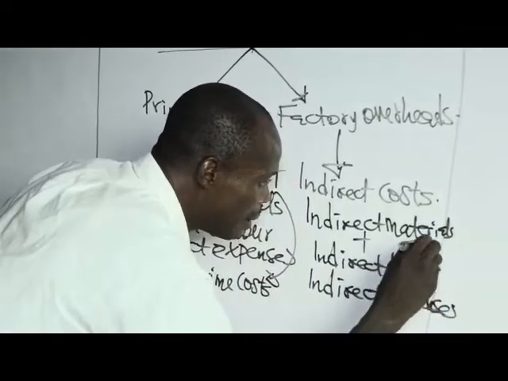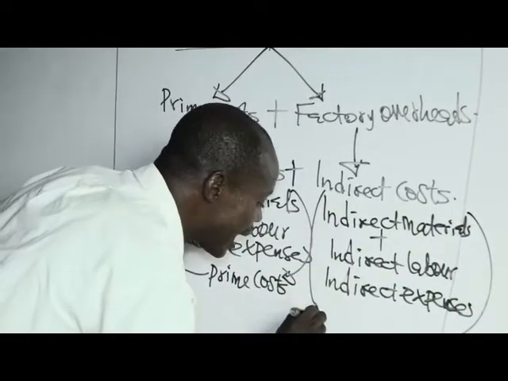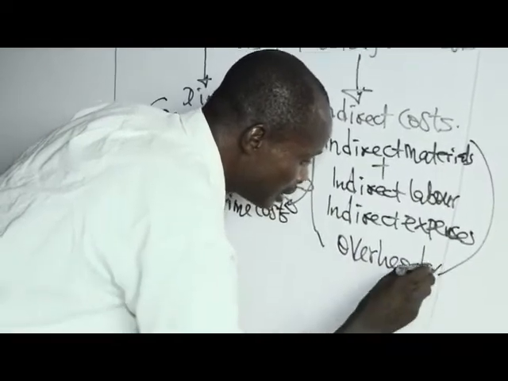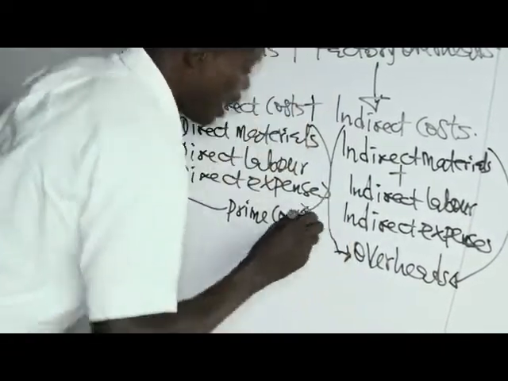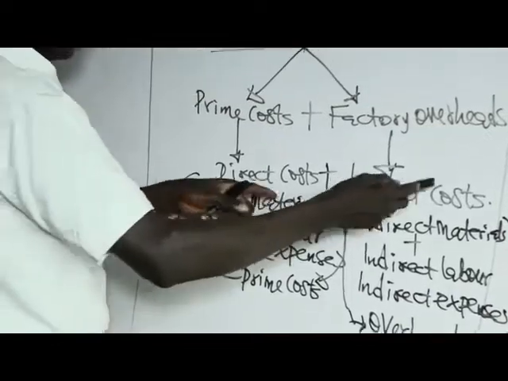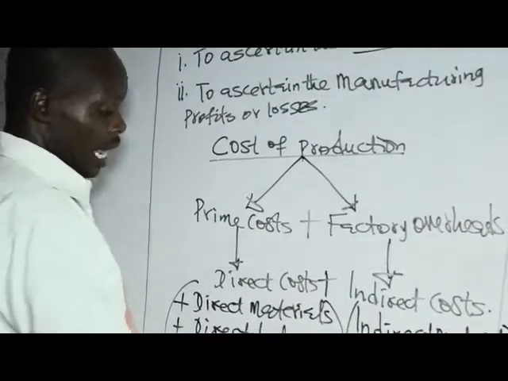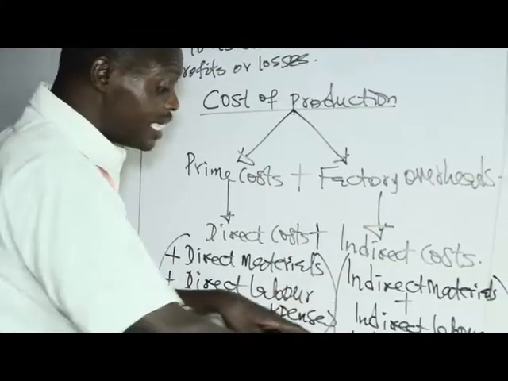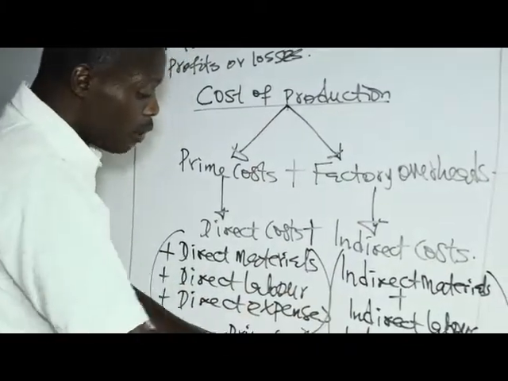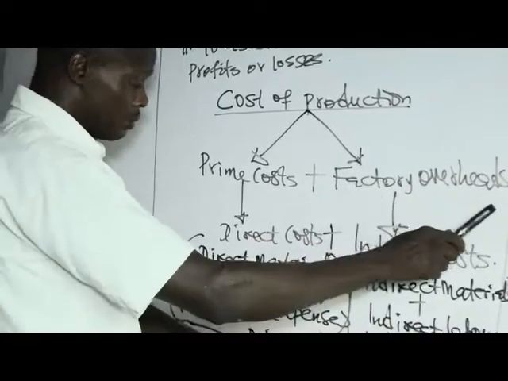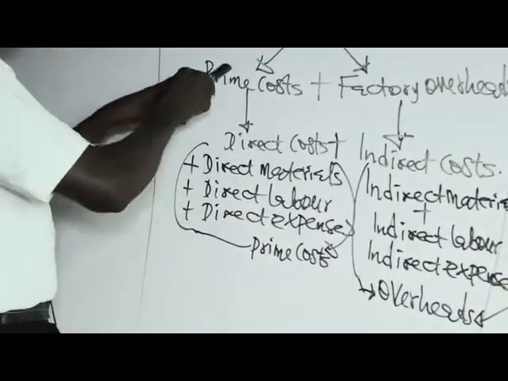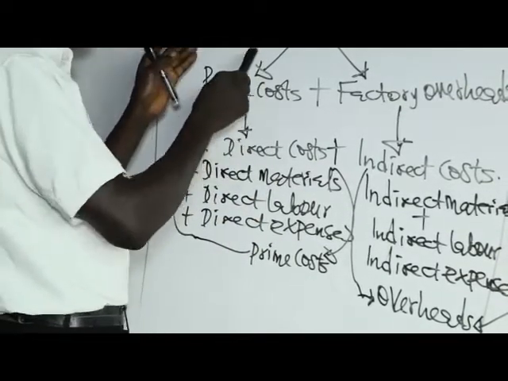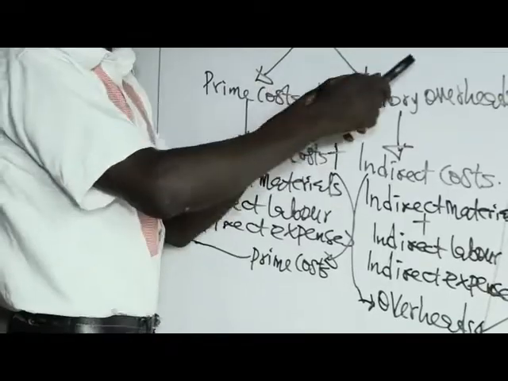When you add these three elements, the total is the overheads, that is factory overheads. Meaning that to get your cost of production, you have the prime cost plus the factory overheads.